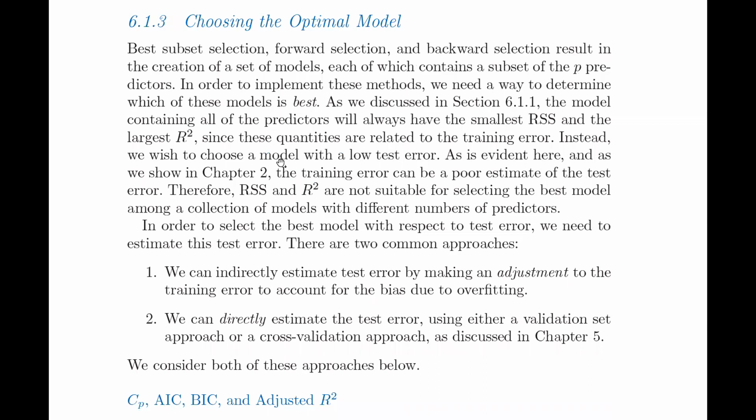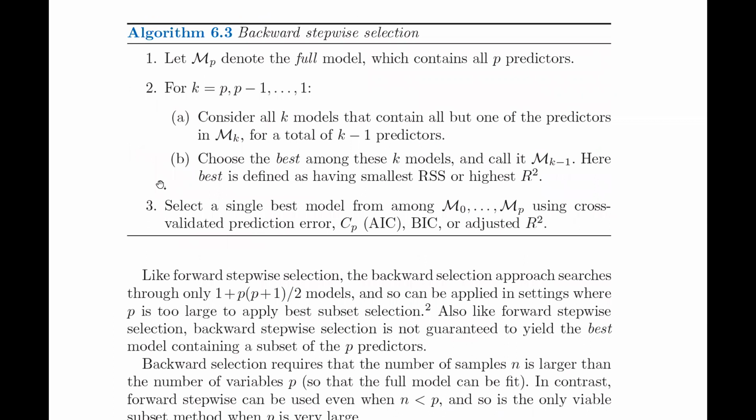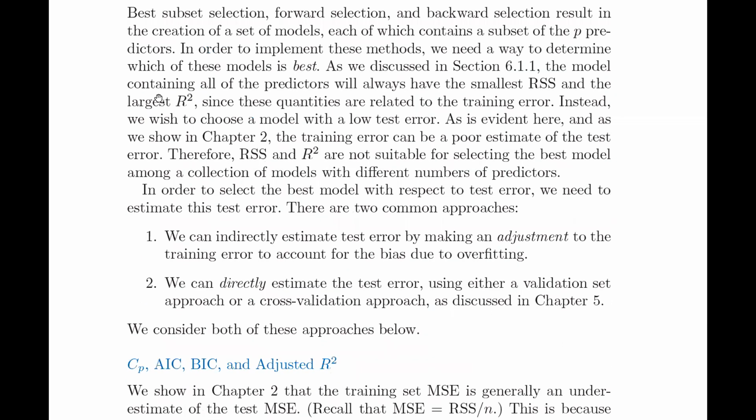Choosing the optimal model. So this is now step 3 in each of these 3 approaches: the best subset, the forward stepwise, and the backward stepwise, where we're going to do either cross-validation or something along that same kind of approach. Best subset selection, forward selection, and backward selection result in the creation of a set of models, each of which contains a subset of the p predictors.